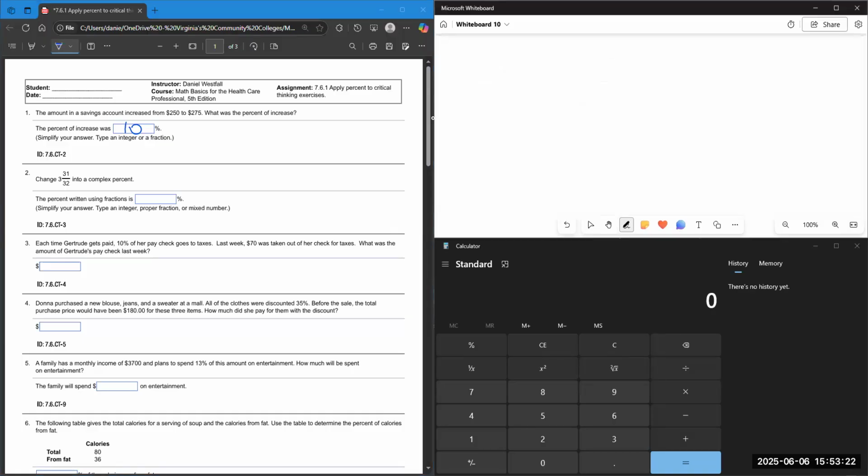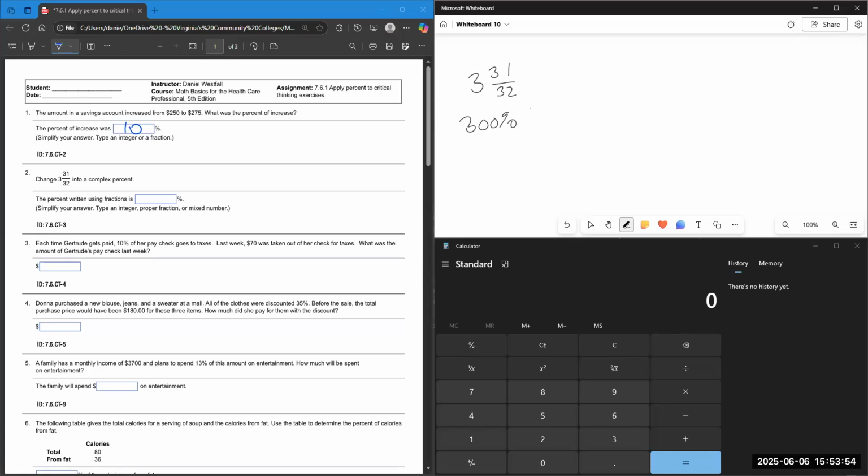Change 3 and 31 over 32 into a complex percent. So the percent, when written using fractions, is, so let's go ahead and leave that 3 alone as 300%.